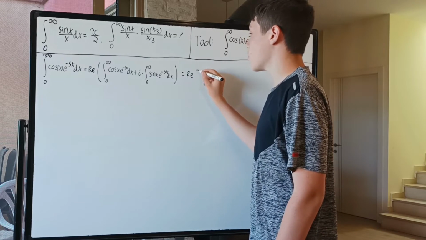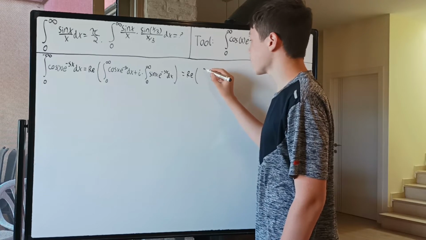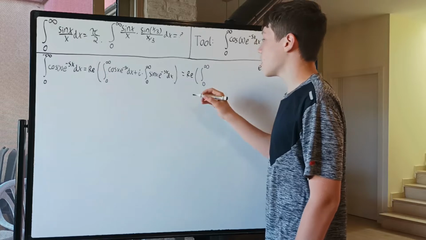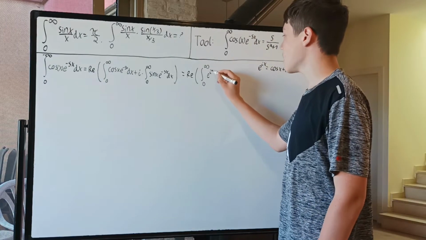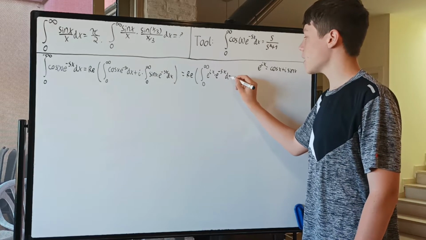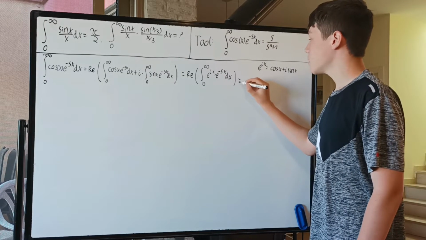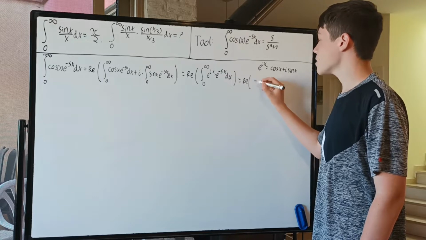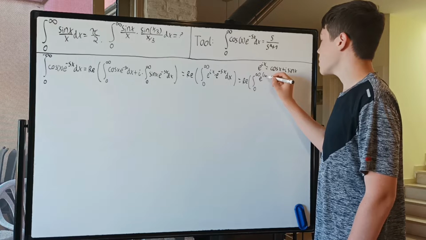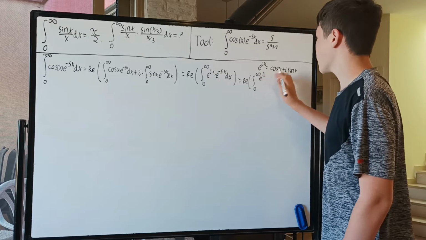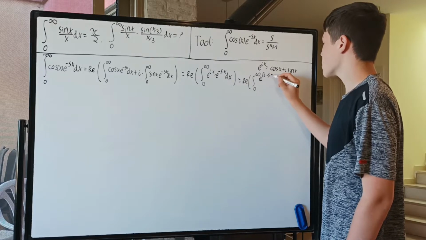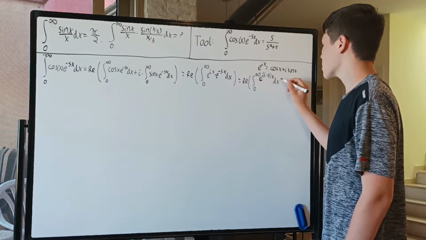And then this is the real part of the integral from 0 to infinity. Now, like we said, this is going to be e to the ix times e to the negative sx dx, which is going to be the real part of the integral from 0 to infinity of e to the (i minus s)x dx.